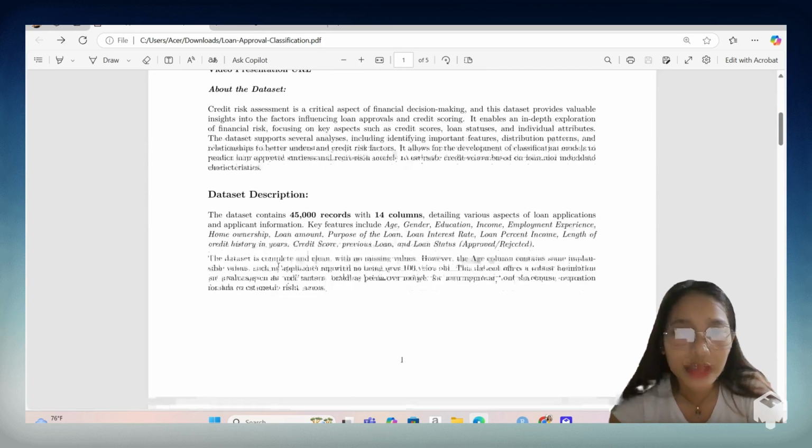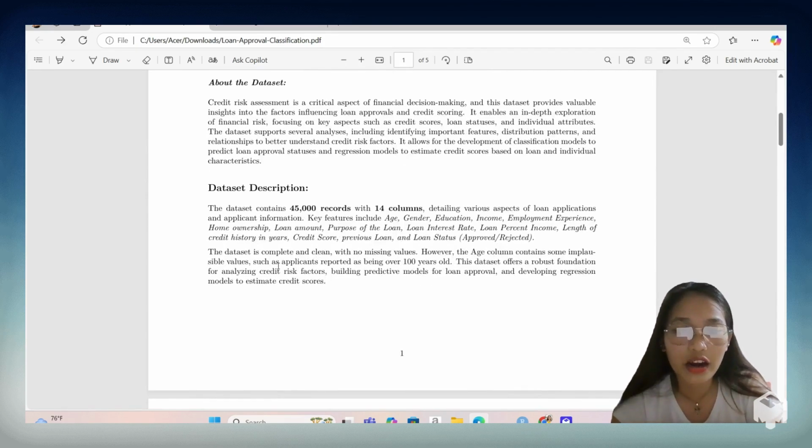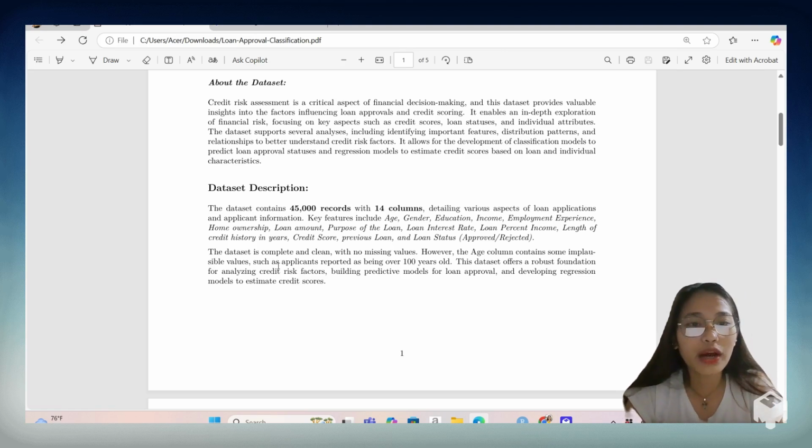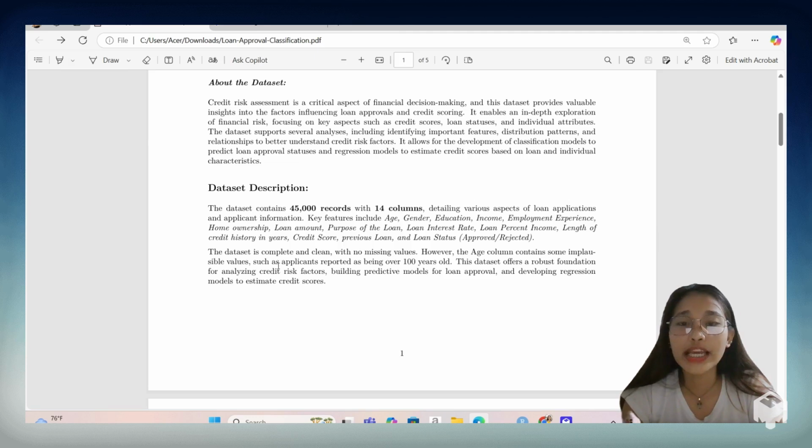And next we have the dataset description. This dataset contains 45,000 records with 14 columns, detailing various aspects of loan applications and applicant information.